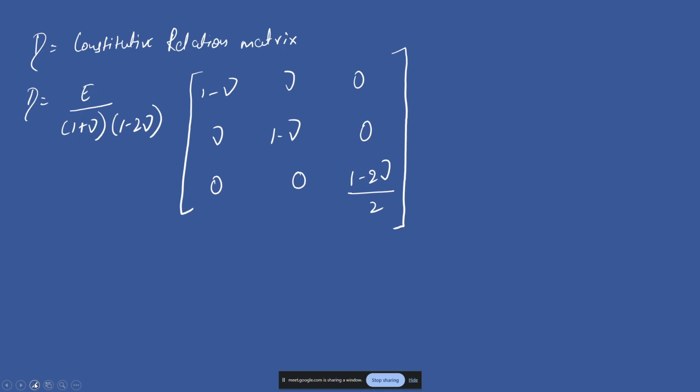So once you have obtained your constitutive relation matrix, for time being, just put the values of the constitutive relation matrix and evaluate this.